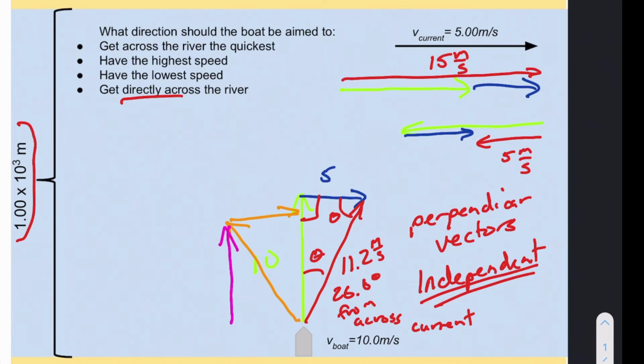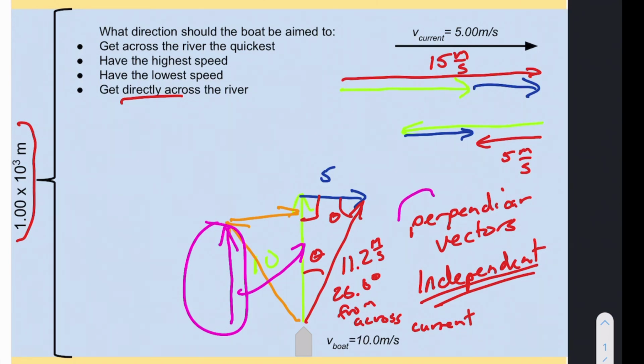The component of velocity that moves across the river then is less than the 10 meters per second. So it's not going to get across the river as fast. It also has a farther way to go. Or it has a shorter way to go, I should say. If it aims downriver, it has a farther way to go, and that farther way to go to get across the river overcomes the fact that the boat is moving faster.